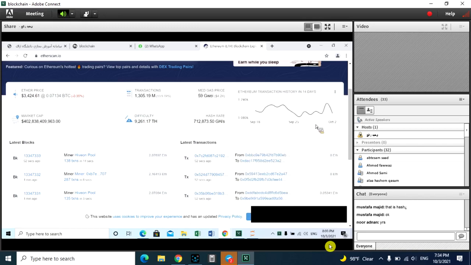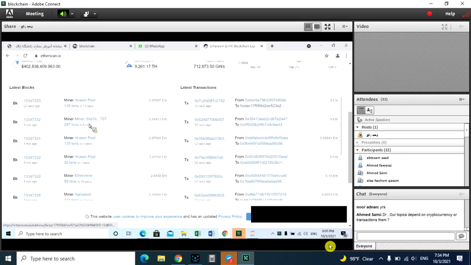This part is the transactions. Let's click. Who is the sender? This is the ID of transactions. Later I will discuss them in detail, how to create the transaction hash.